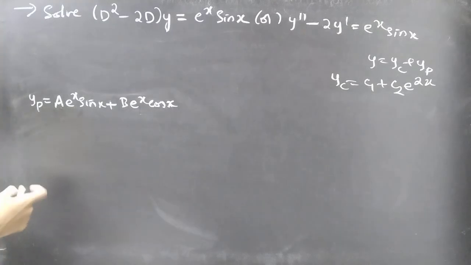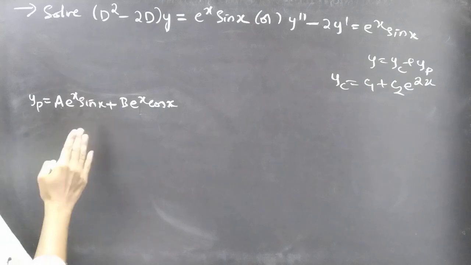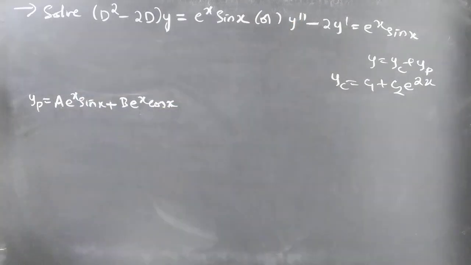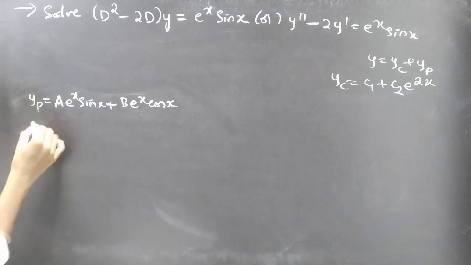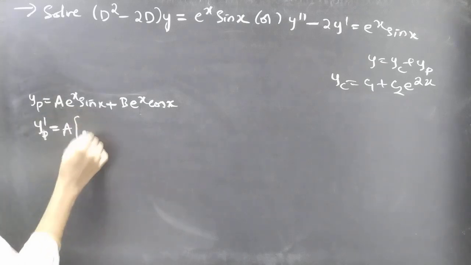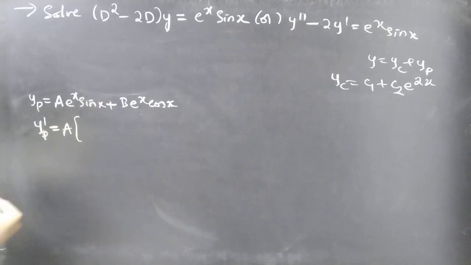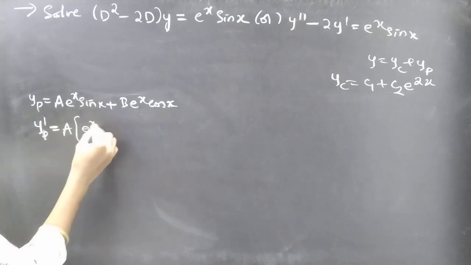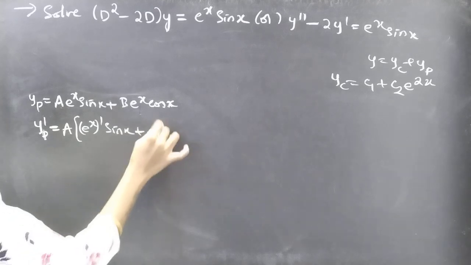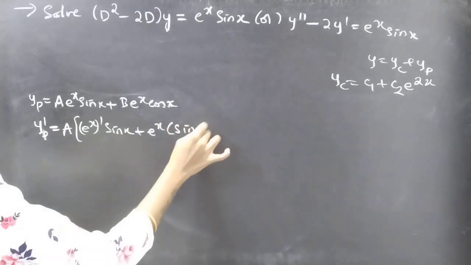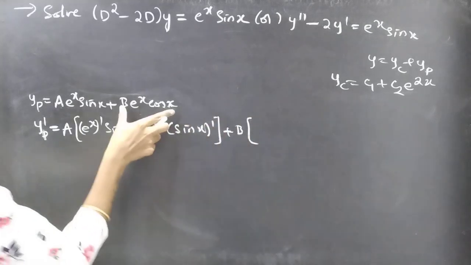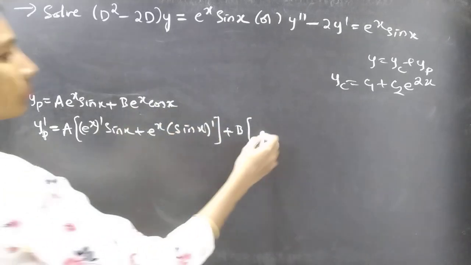Now I'll find yp dash and yp double dash, because we are having y double dash in the problem. We'll begin with yp dash. A into derivative of e power x sin x, derivative of e power x is e power x, into derivative of the second term.